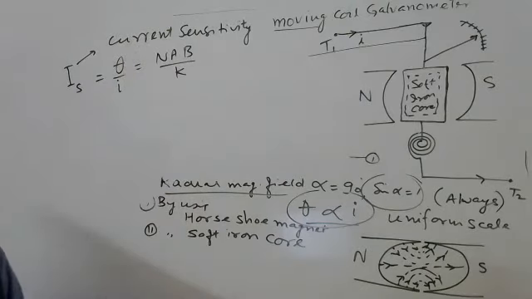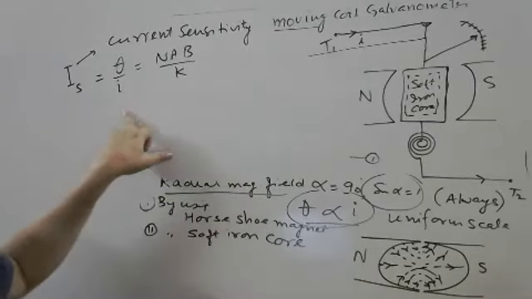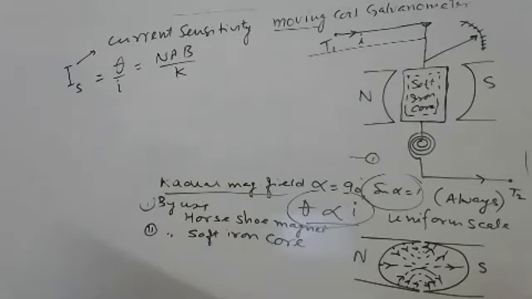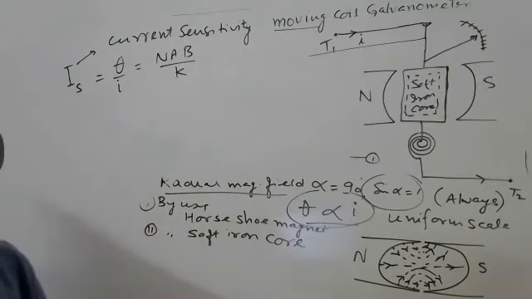But this definition is not very correct, because the current is not 1 ampere, the current is very small. Got it now? But we define this as 1, which means 1 ampere. It is a very large current. So current sensitivity means the deflection per unit current. Here the current should be very small and the deflection should be large.